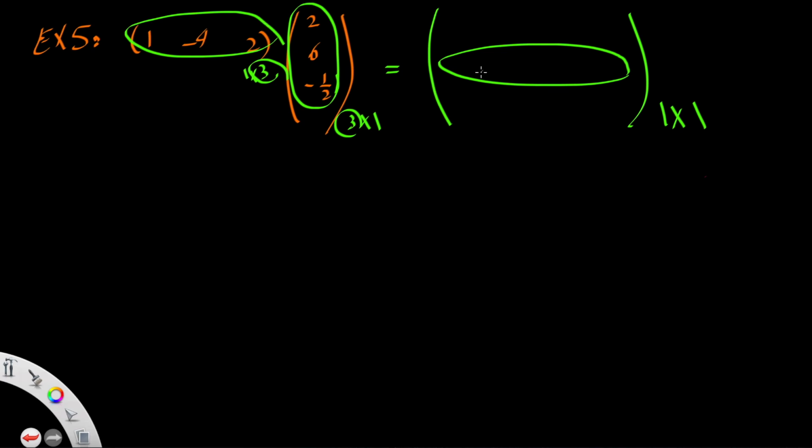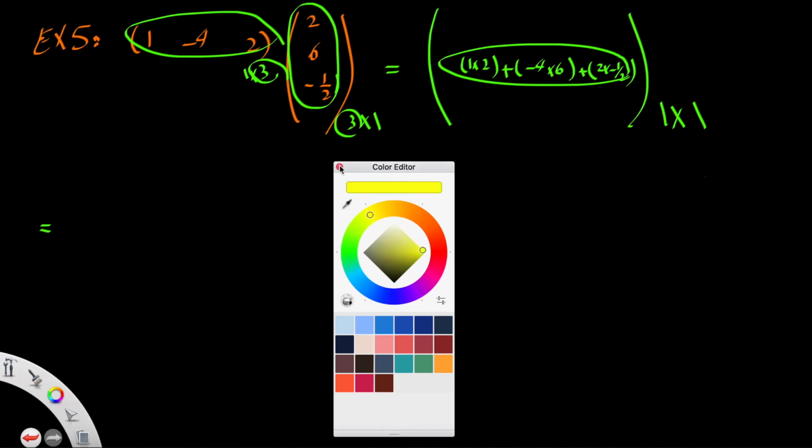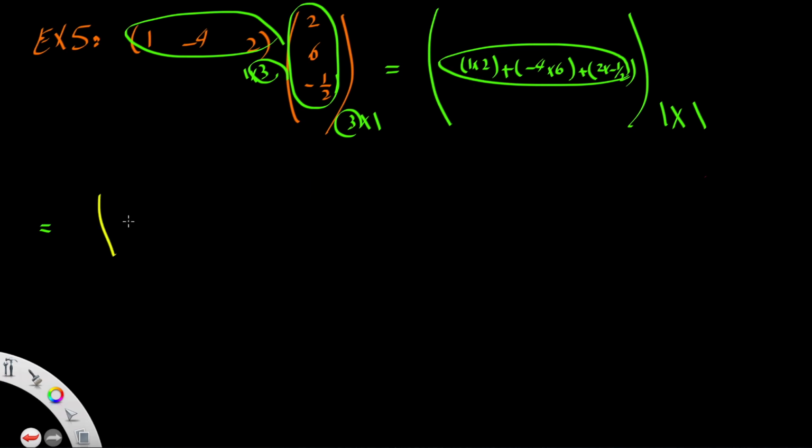First by first, 1 times 2 plus second times second plus 2 times negative half. So at the end, 1 times 2 which is 2, minus 24, 2 times half will be negative 1, which will be negative 23 as a 1 by 1 matrix.